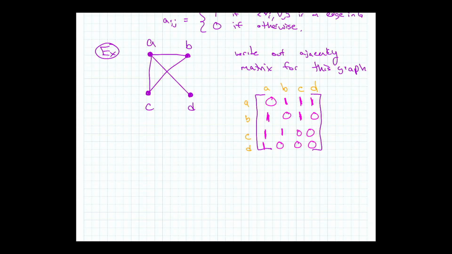So the letters that I wrote on the outside are not actually part of the matrix, right? So you can just cross those out if you want, erase them. You don't need to write them is what I'm saying. But there you go. So that is your adjacency matrix for that graph.